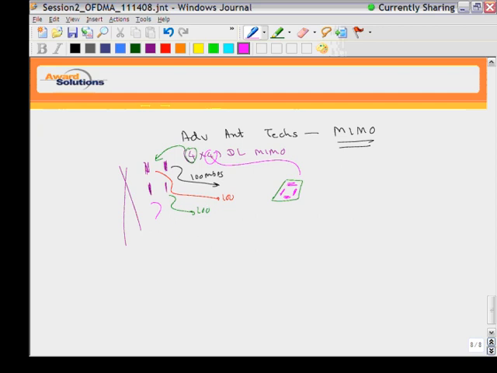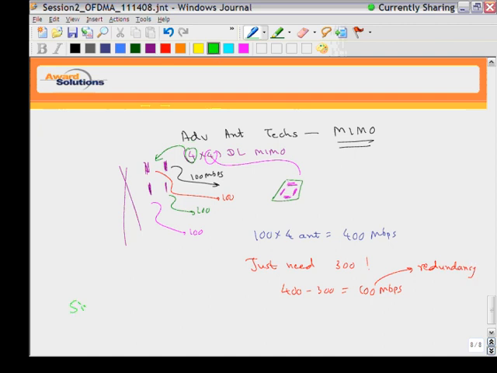So basically, each of the 4 antennas is sending out 100 megabits per second. 100 times 4 antennas, we are able to get 400 megabits per second. But I just need only 300. So it means 400 minus 300, I have about 100 megabits per second worth of data, and that will be my redundancy.